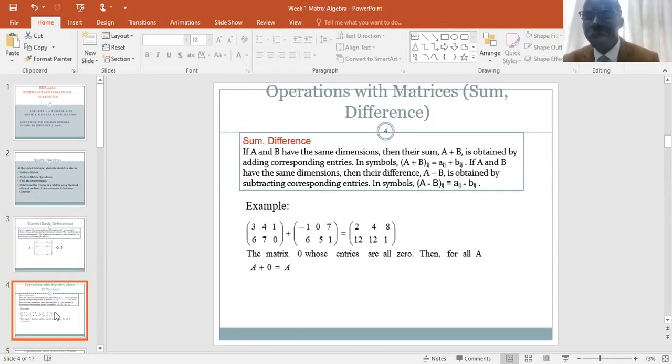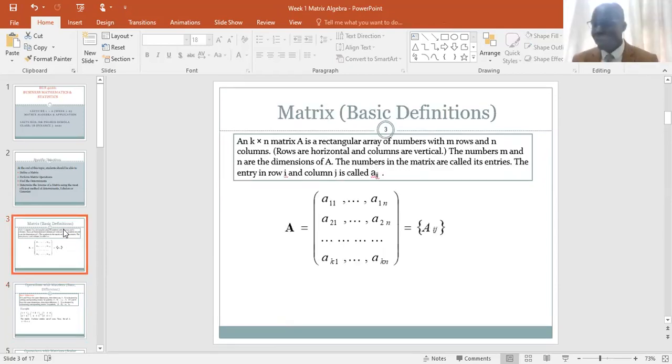Now, types of matrices. Let's go to types first. And I want you to take a pen and paper. Types of matrices. Number 1 is a rectangular matrix, of dimension or order m by n.